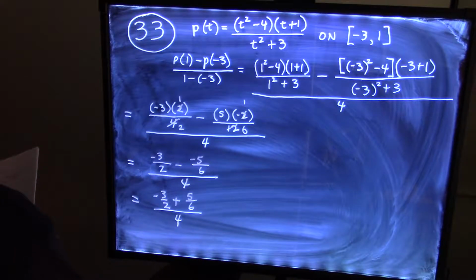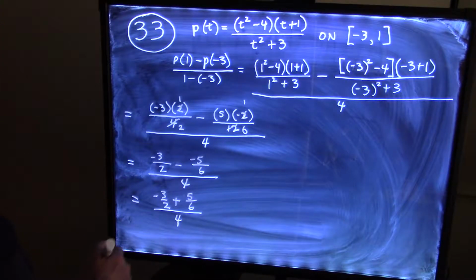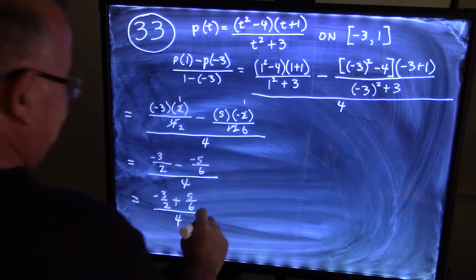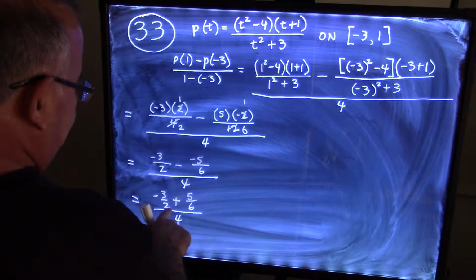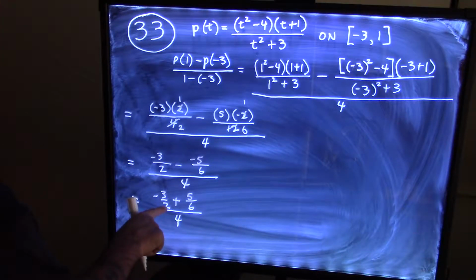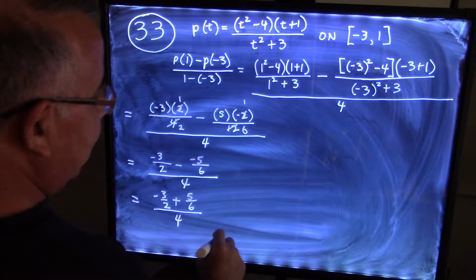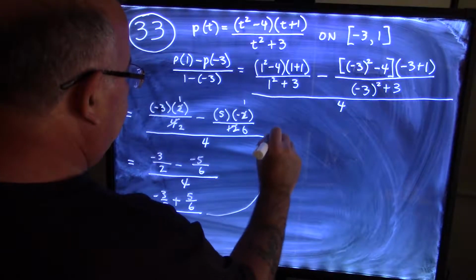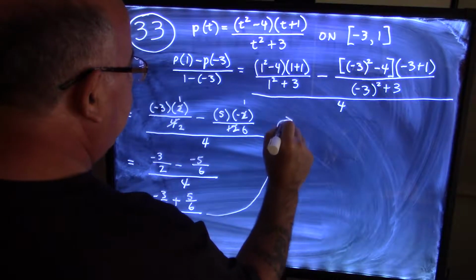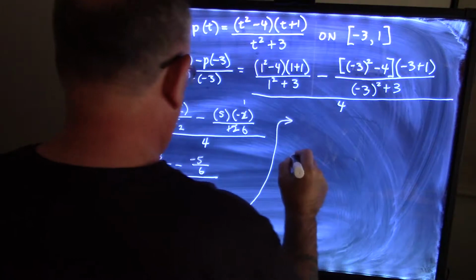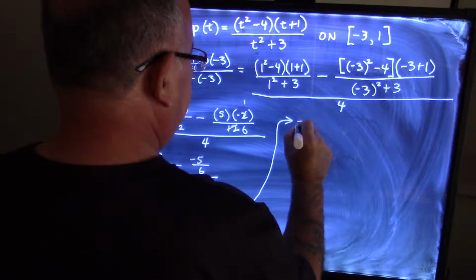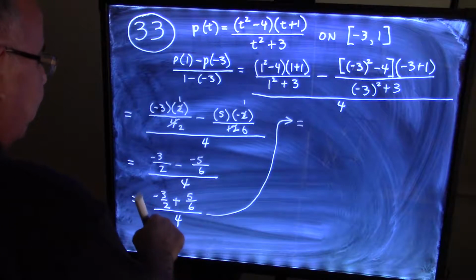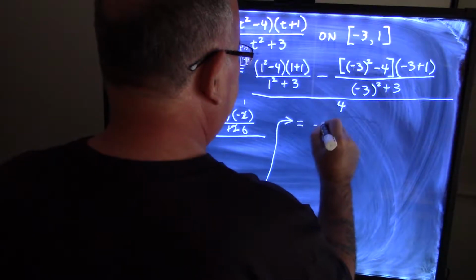Okay, and let's just do the top ones. We're going to take care of the top one by getting a common denominator. That would be a 6. Alright, so let me take it over here. Okay, so that equals negative 3/2.